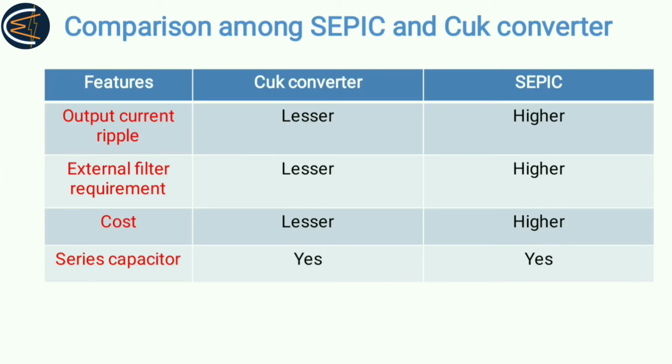Also, due to the presence of 2 inductors and 2 capacitors, this Cuk converter or SEPIC is very costly compared to buck boost, because buck boost doesn't have that many components, only 1 inductor, 1 capacitor, right? So this is the overall comparison among SEPIC and Cuk converter, and we also got an idea of buck boost converter from this perspective.